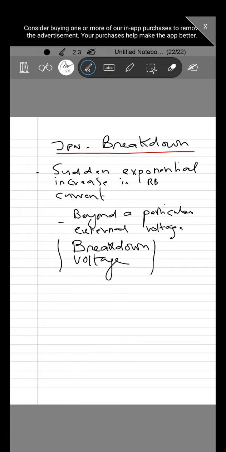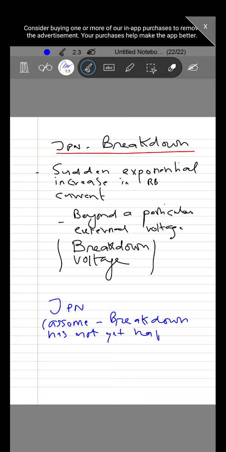So if we assume that in a PN junction the breakdown has not yet happened, the current that flows through it is called the reverse saturation current, JSO.